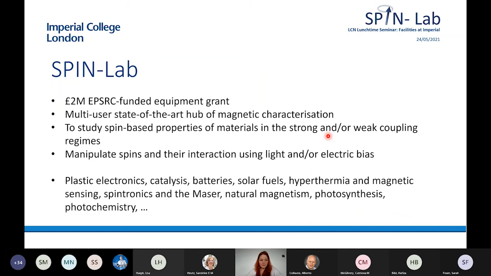Spinlab includes equipment to study spin-based properties of materials in the strong and weak coupling regimes, and emphasis is put on spin manipulation and their interaction using light and/or electric bias.